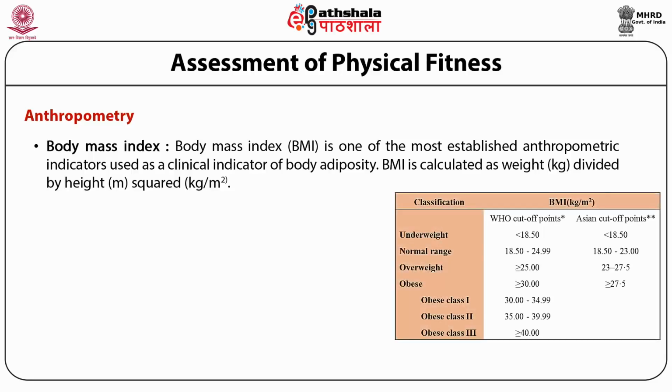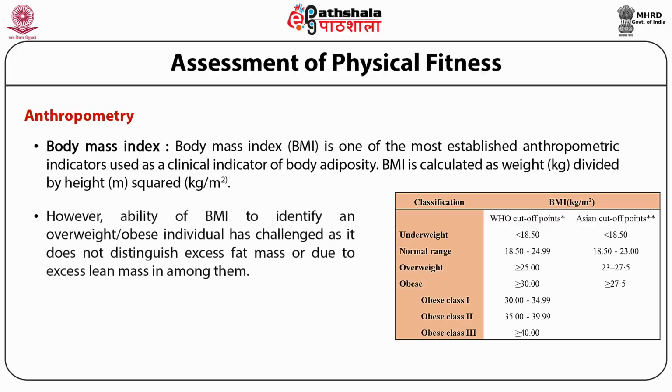It correlates with total body fat and relates to cardiovascular and all-cause mortality. However, the ability of BMI to identify overweight and obese individuals has challenges, as it does not distinguish whether the excess is due to excess fat mass or excess lean mass.